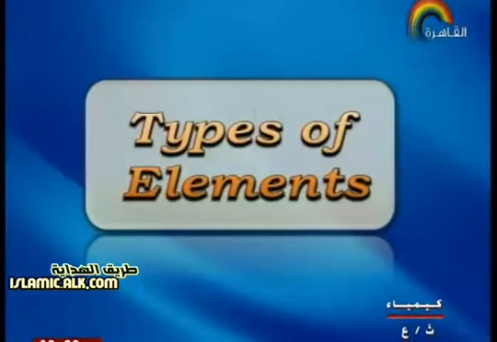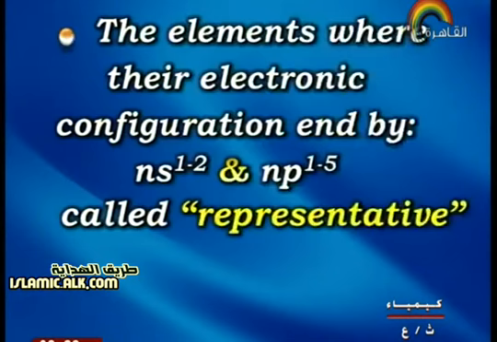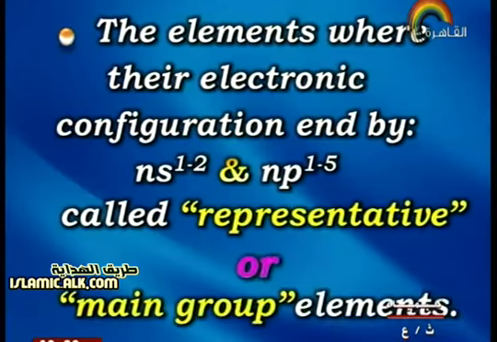Now, my dear students, we are going to discuss the types of elements. The elements whose electronic configuration ends with ns, with 1 or 2 electrons in the S sublevel, and np, where the P sublevel takes from 1 electron to 5 electrons, we call representative elements or main group elements.